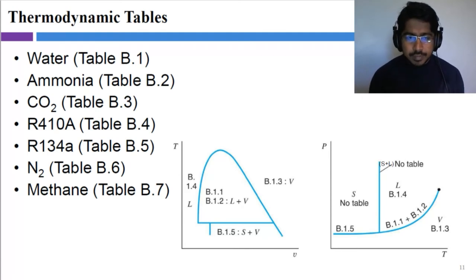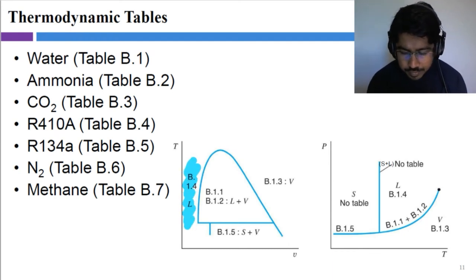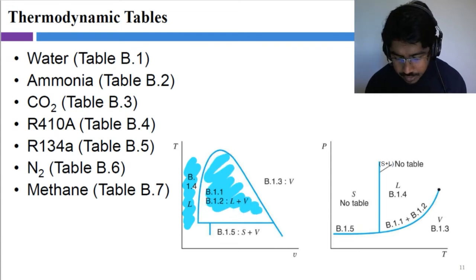Even if it is water, you have different tables for different regions. For the compressed liquid region you have B 1.4. For the two-phase region, you have liquids in this region, B 1.1, 1.2, and so on.